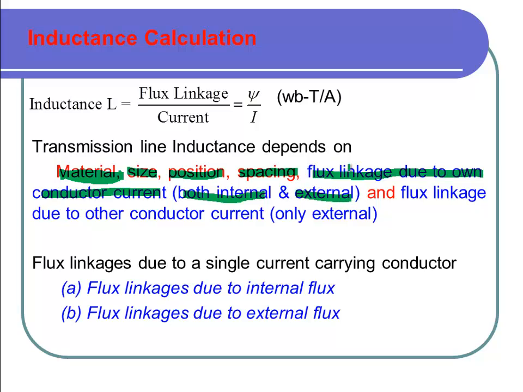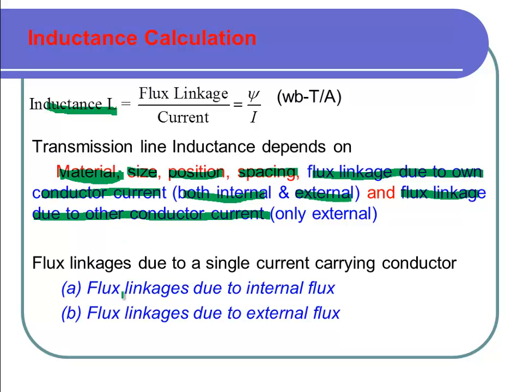And not only the flux linkage internal and external to the same conductor, but also that because of the neighbor conductors, so the flux linkage due to other conductor currents. If we know these three flux linkages, then we can easily calculate the total net flux linkage of any conductor, and from that we can calculate the value of inductance.